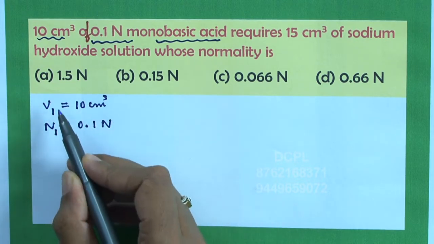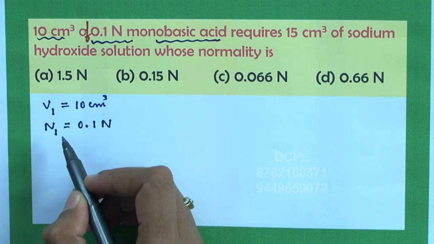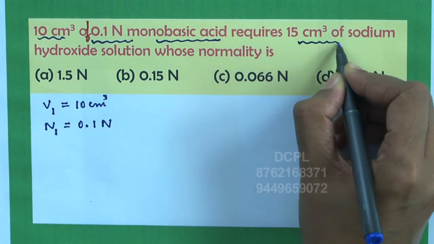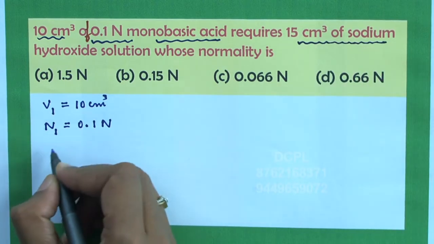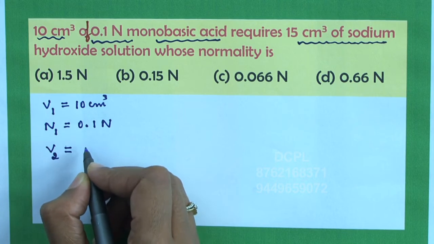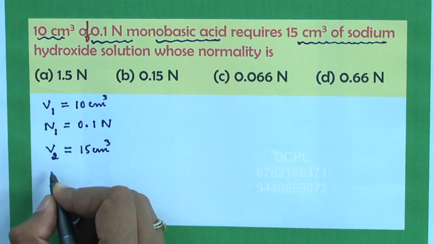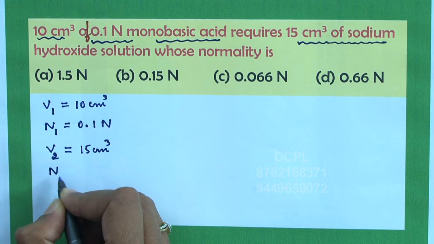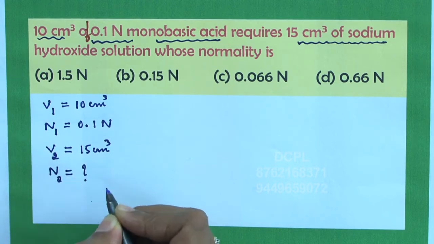So here the initial volume and normality are considered as V1 and N1, followed by that requires 15 cm cube of sodium hydroxide, which is a base. So that can be considered as V2, the final volume, as 15 cm cube. Then the normality is N2, the final normality of the solution, and hence the question mark.